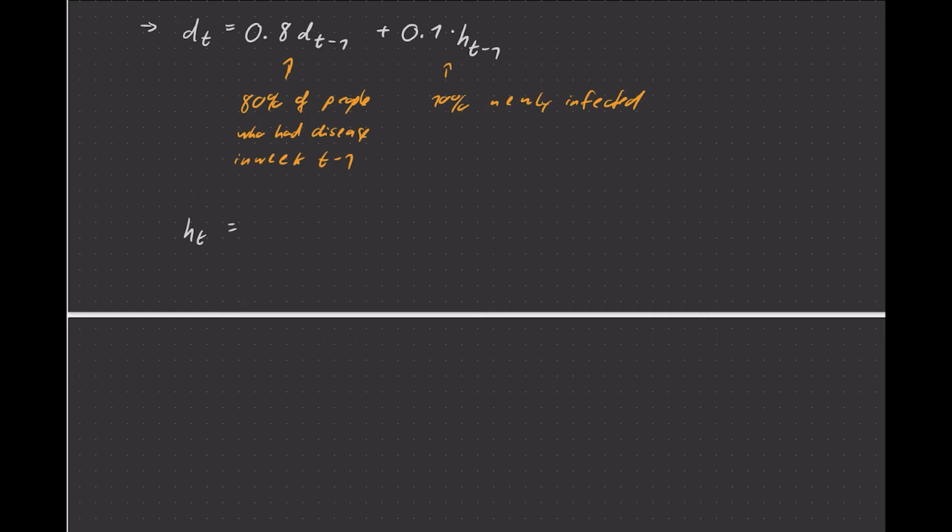So that means the number of healthy people will rise by 20% times the number of formerly infected people. So that term here is that 20% of infected persons are cured.